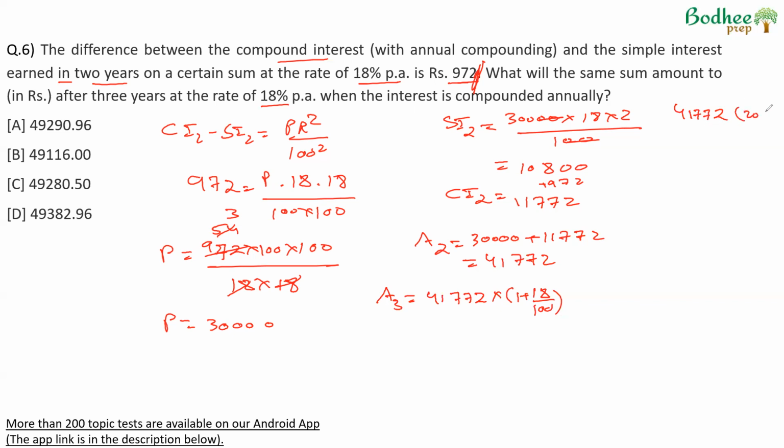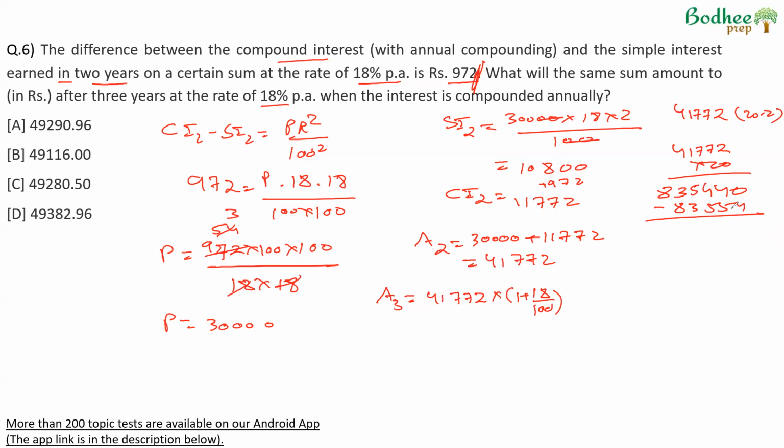That can be written as 20 minus 2. So 41772 into 20 will be equal to 835540, minus 83554.